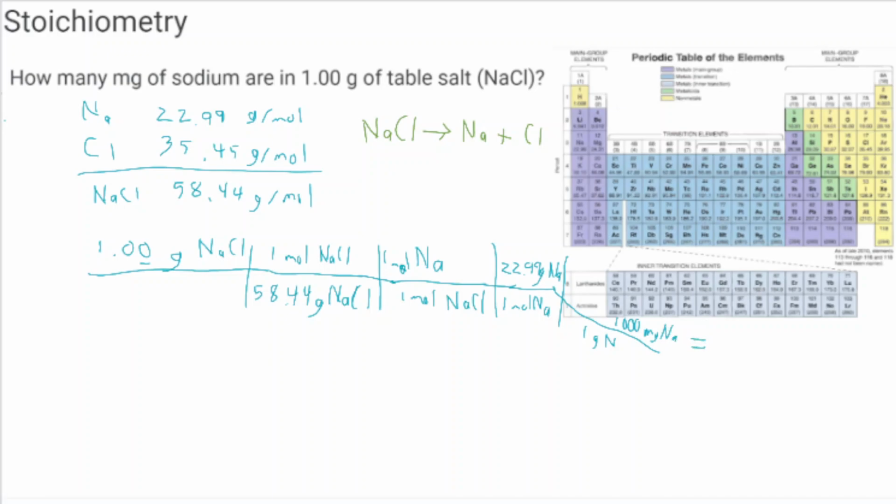And now we can multiply everything on top. So we can do our 1.00 grams of sodium, multiply by 1 mole of sodium chloride, 1 mole of sodium, 22.99 grams of sodium, and 1,000 milligrams of sodium, and then divide by everything at the bottom: 58.44 grams, 1 mole, 1 mole, and 1 gram.